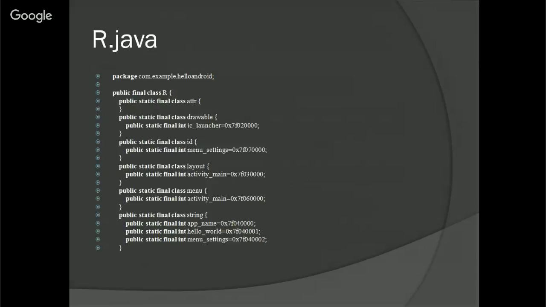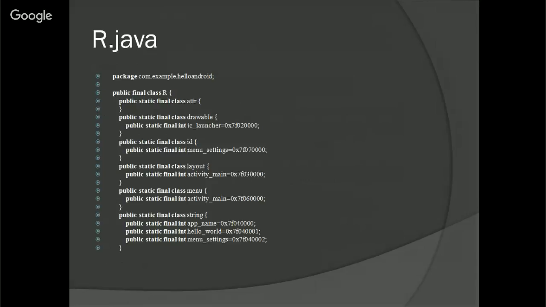Every code is inside of this class. There are different other classes made inside of the class R. If you look at the classes here: ATTR attribute class, drawable class, class ID, class layout, class menu, class string. There are different classes over here, and all these classes are actually initialized by the help of R.java.